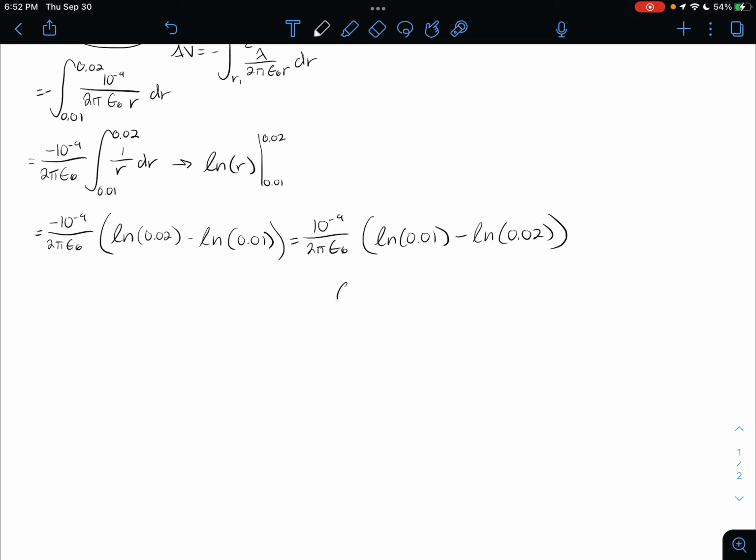We're going to plug that into our calculator using our epsilon naught equals 8.85 times 10 to the negative 12.